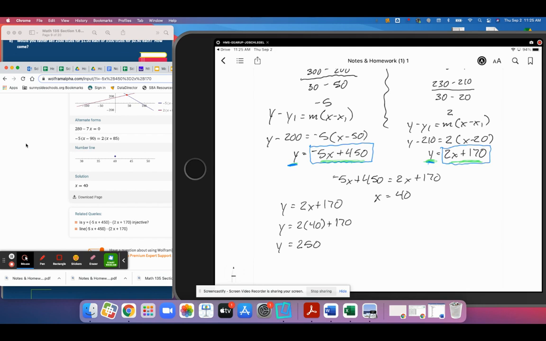This means that market equilibrium occurs when 40 dryers are produced and sold at a price of $250 each.